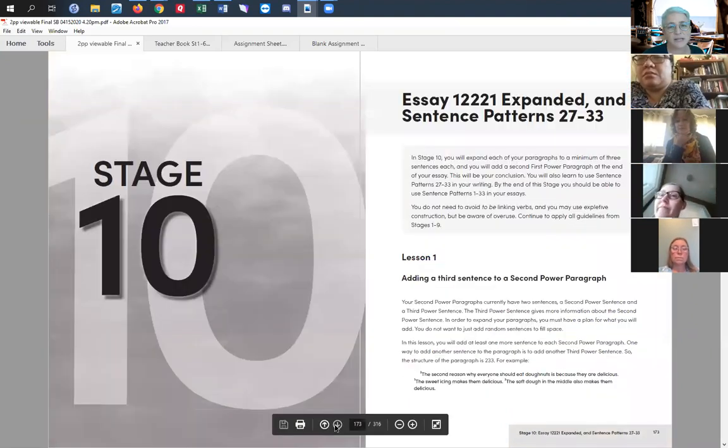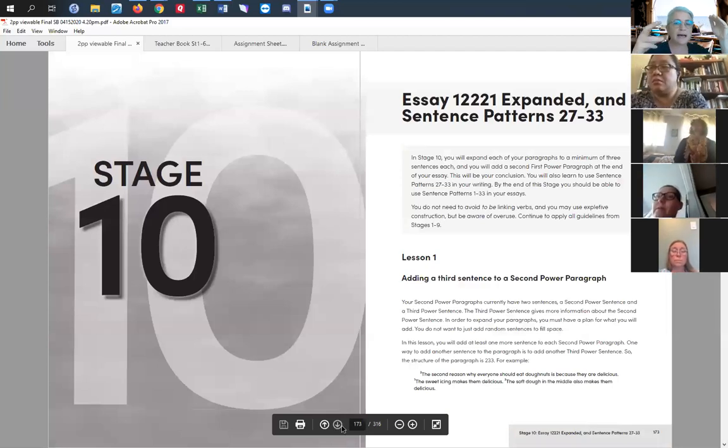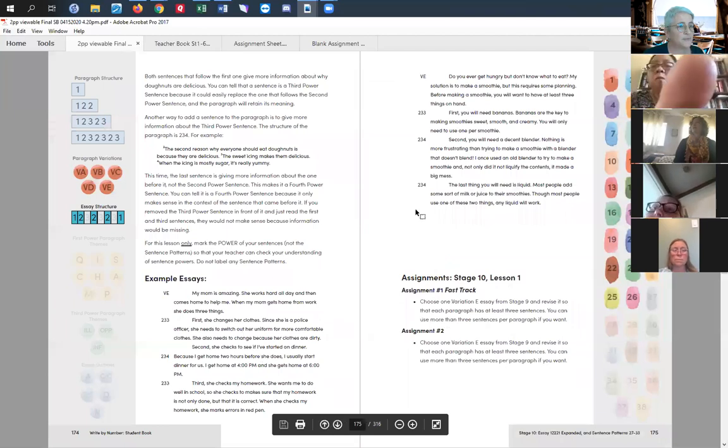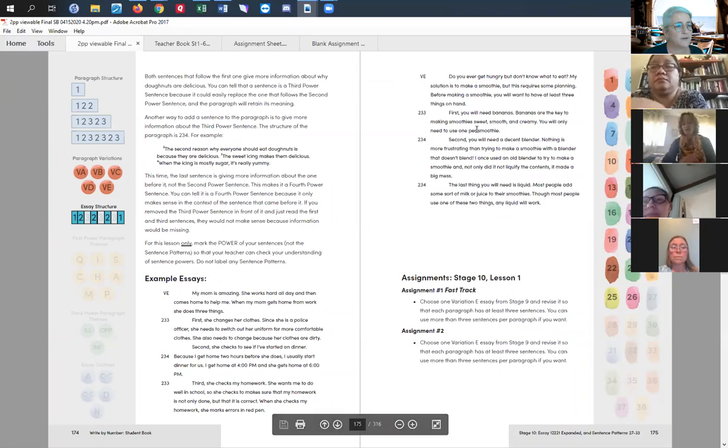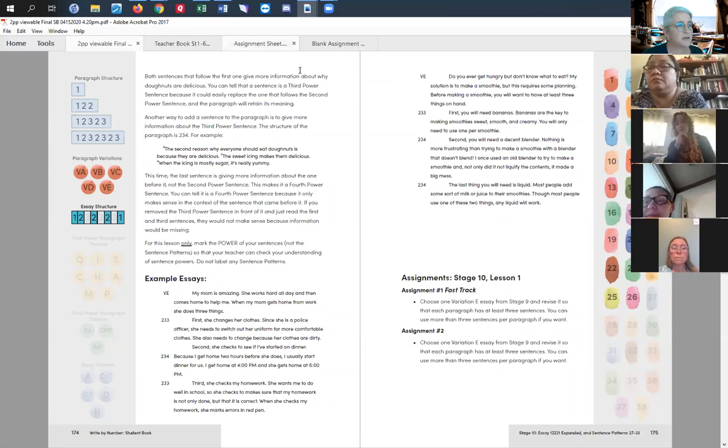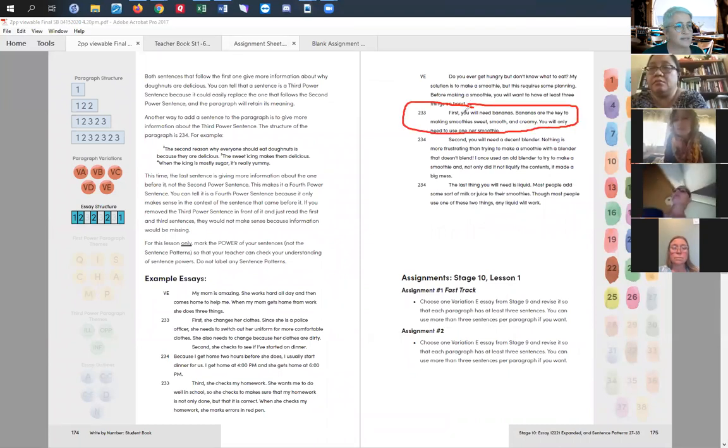Okay, and now we start expanding that essay. Remember, the goal is we're expanding structure while adding interest. So what we're going to do is add a third sentence to each third power paragraph, and I show them how to do that, or second power paragraph. So if you see here, this is first, you will need bananas.